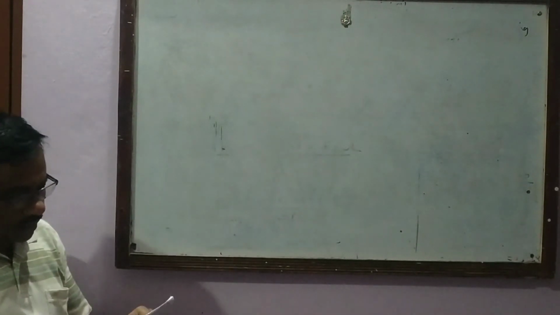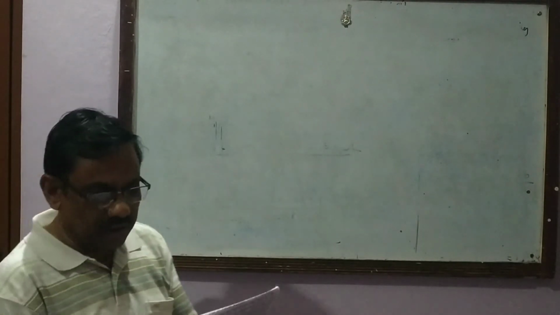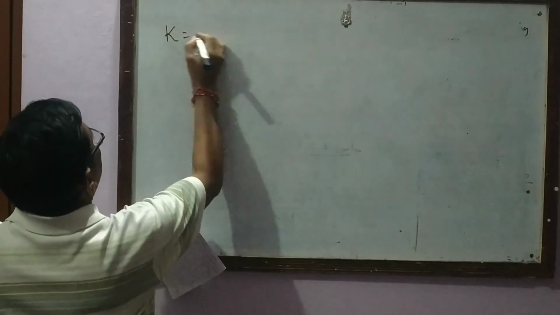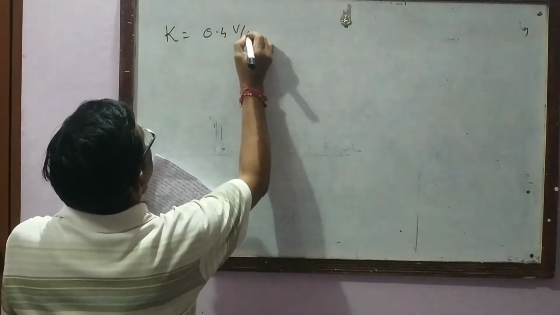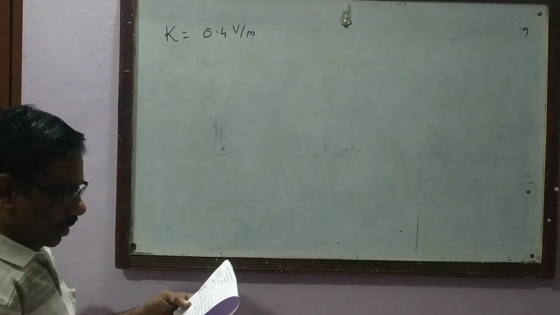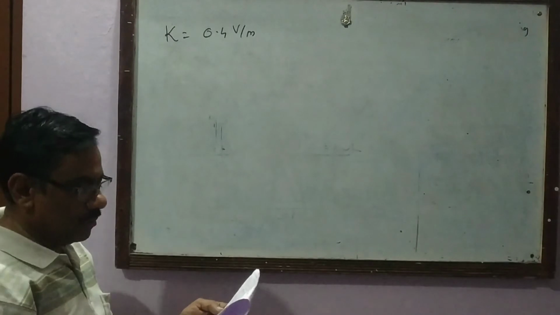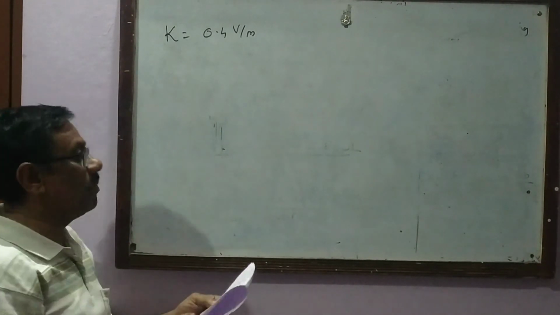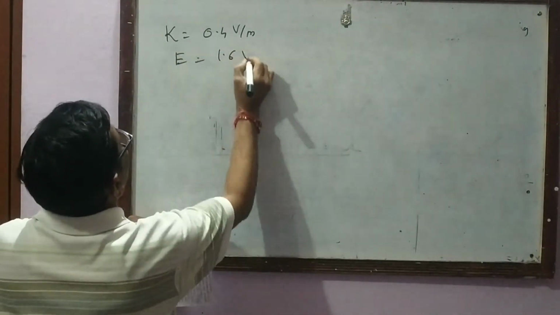Now the sixth example is, in a potentiometer experiment, the potential gradient K is given to you, that is K is equal to 0.4 volt per meter, and our aim is to find the balancing length of a cell of EMF 1.6 volt.